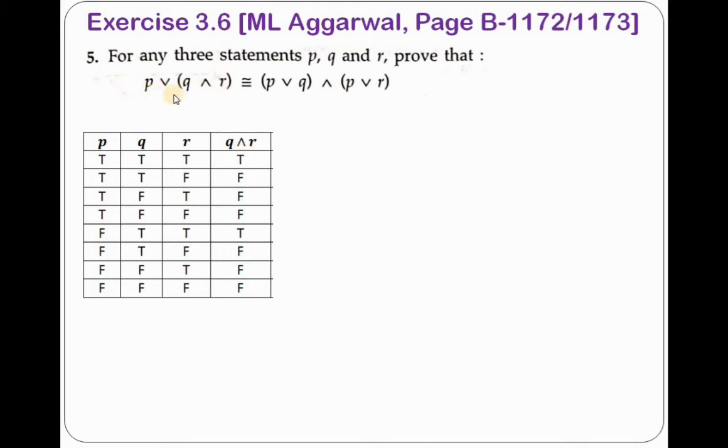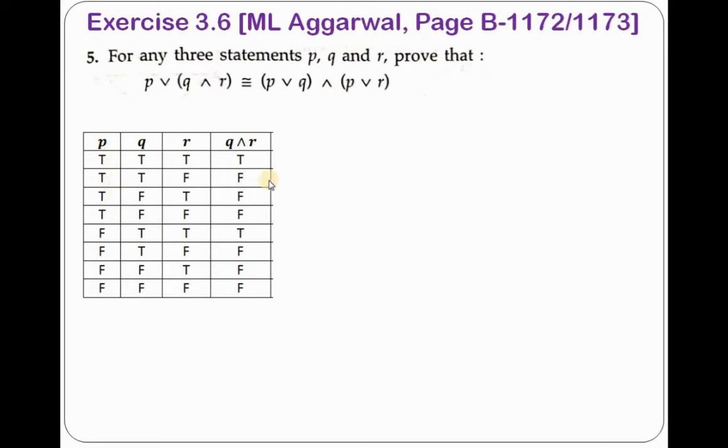Now let us find this statement. Let us find P or this. Let us make use of this column and this column and take OR of them. OR becomes false only if both statements are false.